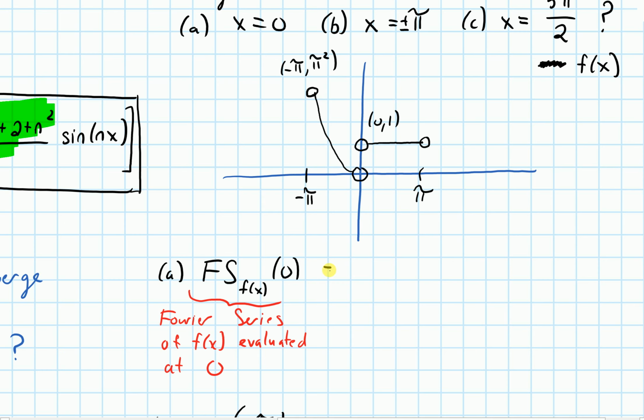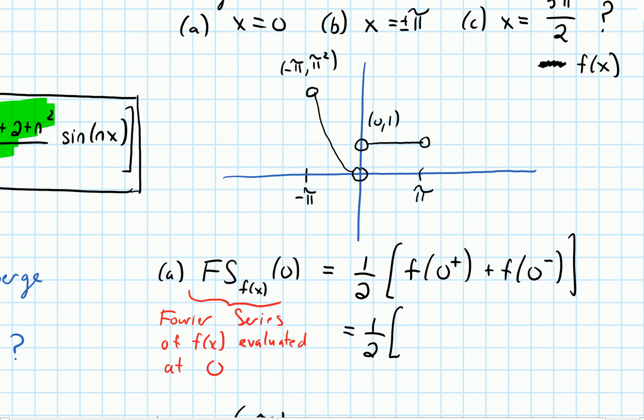Using our convergence theorem, it says that this is going to be 1/2 times f of 0 plus, the limit as you approach 0 from the right, plus f of 0 minus, the limit as you approach 0 from the left-hand side. So what are these two limits? As we approach 0 from the right in this graph, that is this side right here, the y values are approaching 1.